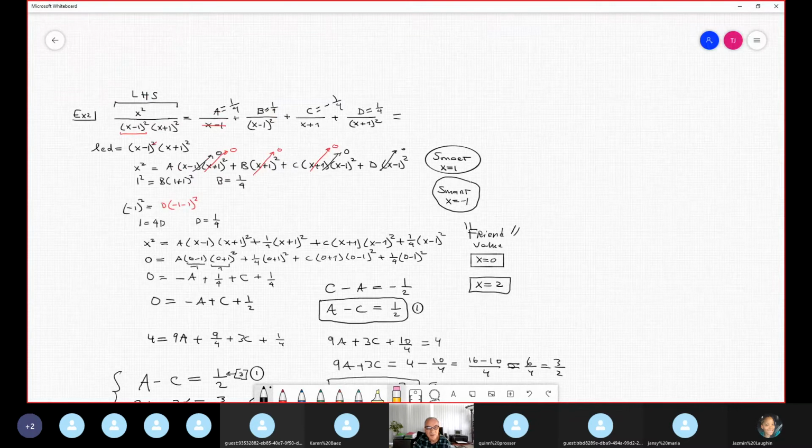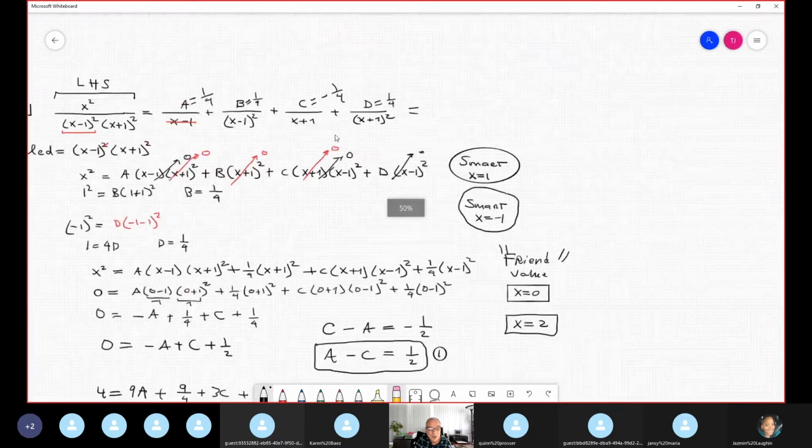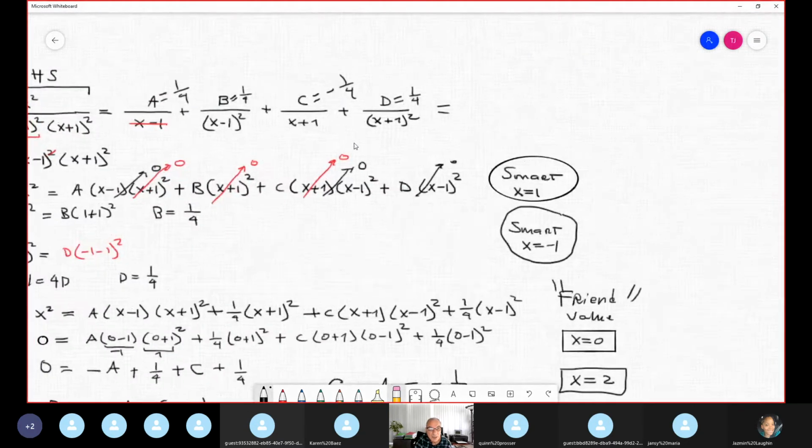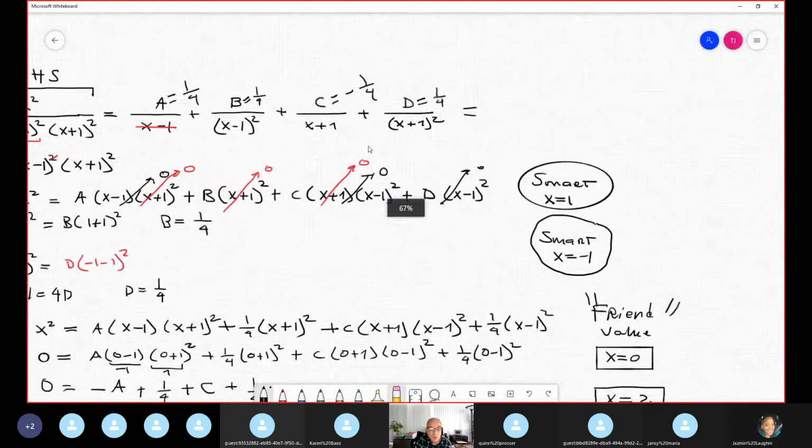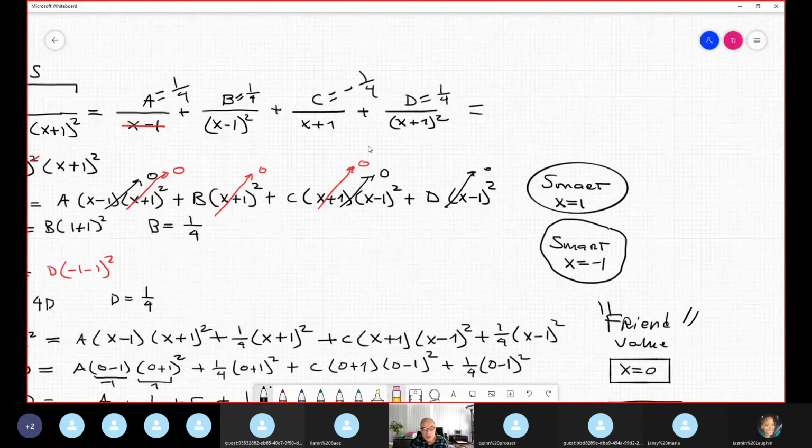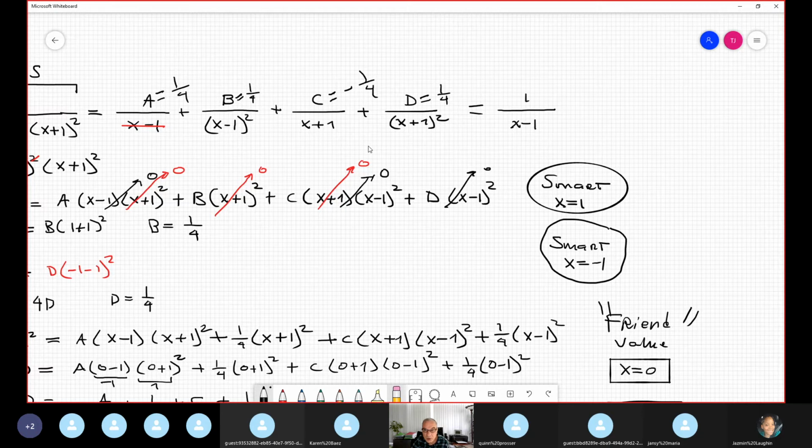So what is my final answer? What is the way that we frequently write it in calculus 2? Well, in calculus 2, you can leave it like that, but I prefer this way. Look, the first fraction is 1 over 4, x minus 1, since A is 1 over 4. I put a 1 here and 4 in the bottom. It's equivalent. Yes or no?